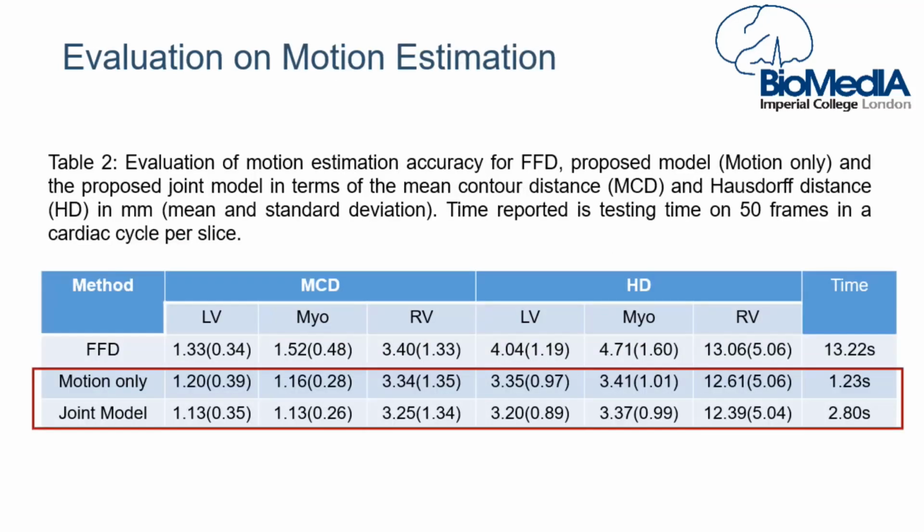Similarly, we evaluate the performance of motion estimation. We compare the free-form deformation, the motion-only branch, and the joint model. What we do here is transform the ES segmentation to the ED frame by using the displacement field we estimated, and then compute the mean contour distance or the Hausdorff distance between these two segmentations.